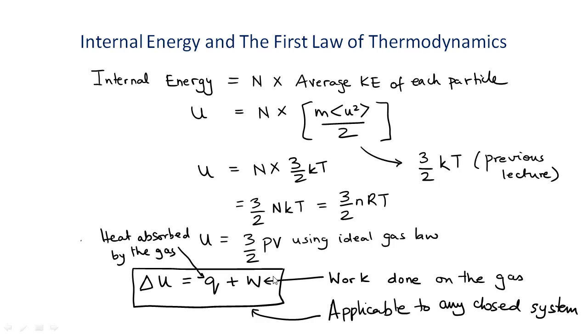A common type of work done in the context of physical chemistry is called pressure volume work or PV work. In our system, this manifests in the piston with weights moving up or down by delta x.